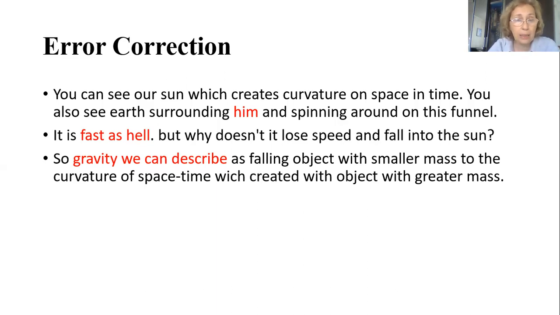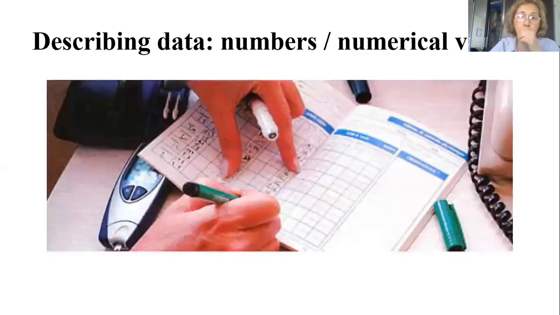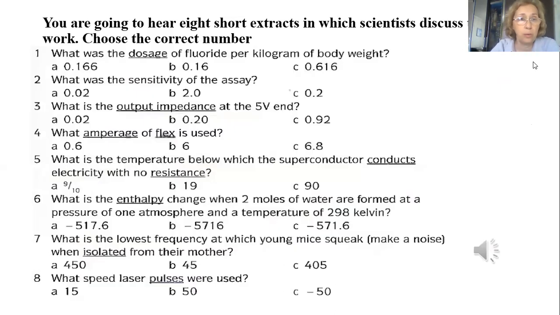Okay, and so now we are going to speak about describing data like numbers and numerical values. So I think it's rather easy, but just to revise, to refresh this information in your memory. Now, here on this slide, we see several questions, and we are going to hear 8 short extracts in which scientists discuss their work.